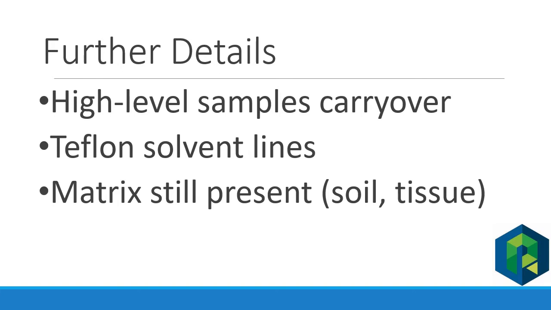Teflon, as you may know, is a fluorinated polymer, and some PFAS are common byproducts of solvent rinses in those lines. And so you risk having a background level of PFAS that might be too high for your particular application.